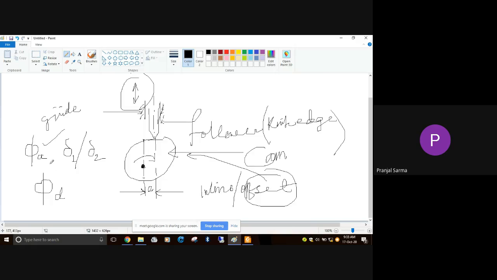And sometimes some of the angles might be given, while one of the angles might not be given. Suppose ascent is given, descent is given, and there is only one dwell in between. In that particular case, how do you find out this dwell angle? Suppose 100 degree is the rise angle or the ascent stroke angle.